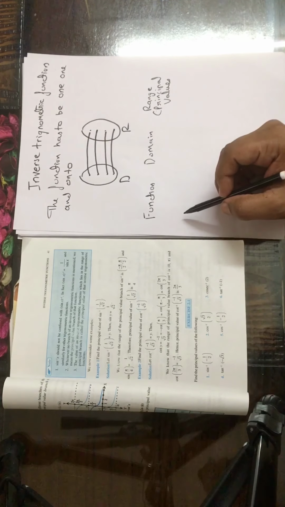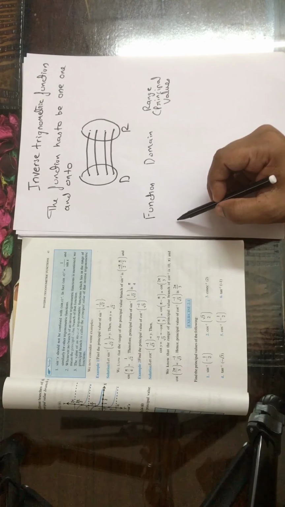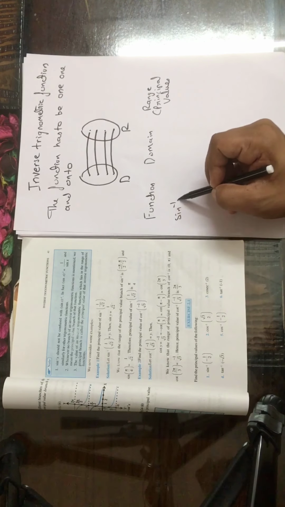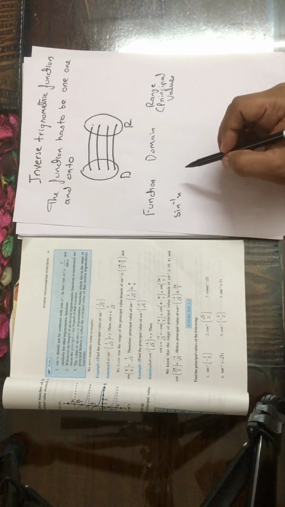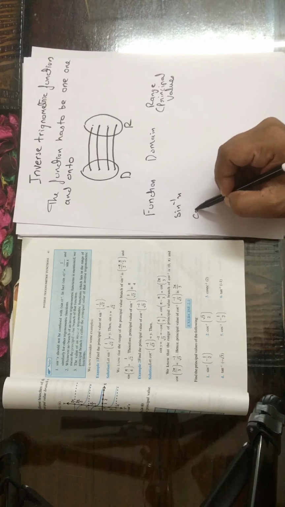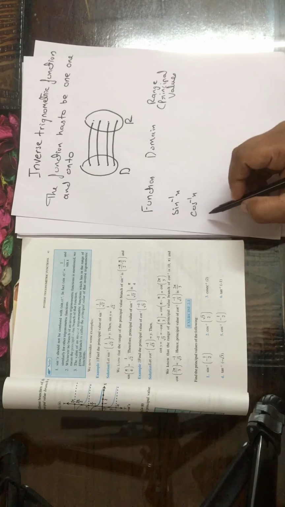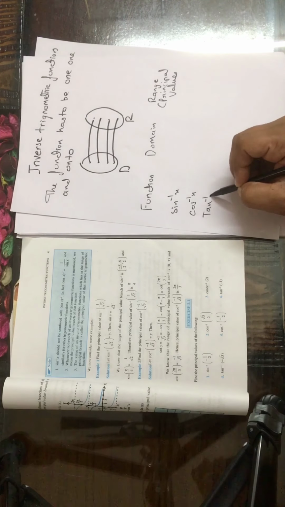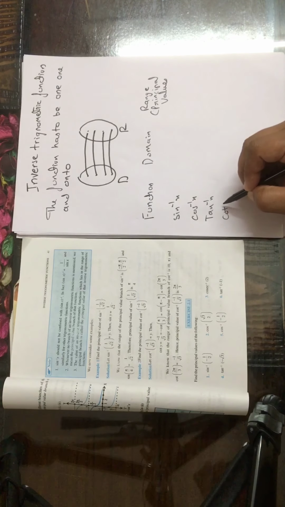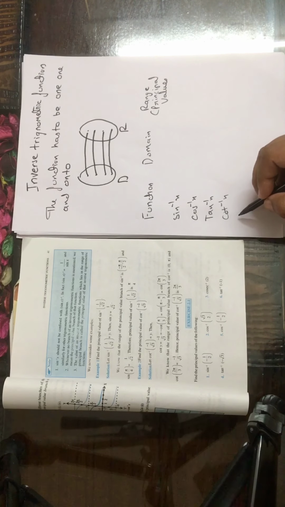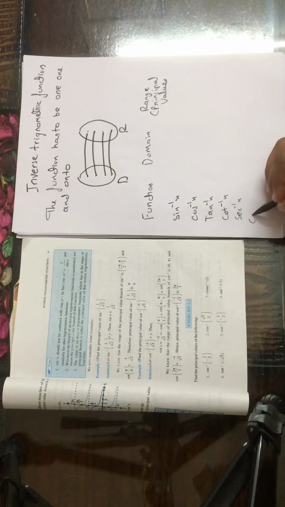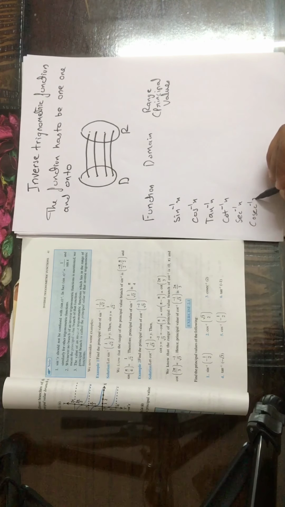First is sine inverse x, second is cos inverse x, third is tan inverse x, next is cot inverse x, then sec inverse x, and next is cosec inverse x.